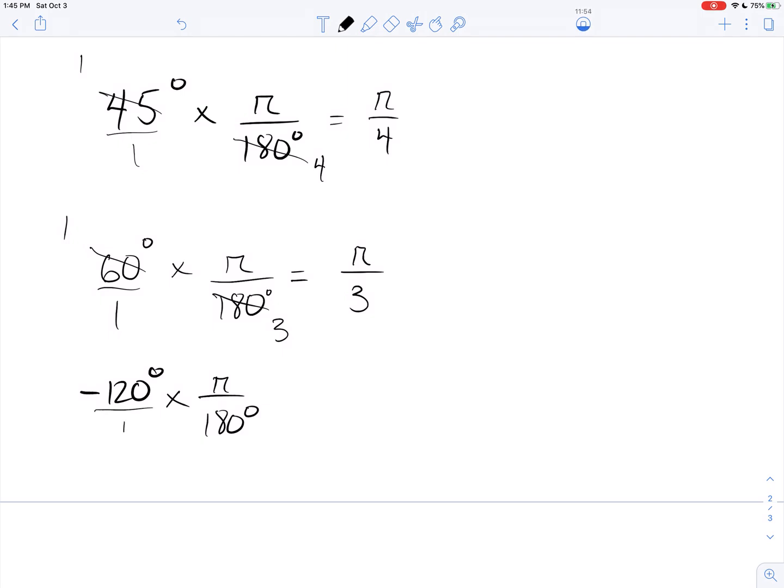I multiply, but this time it doesn't go in evenly. Like 120 does not go into 180, but 60 does. 60 goes into that twice, but remember it's a negative number, so negative twice. And then 60 goes into that thrice. So my answer is negative 2 pi over 3.